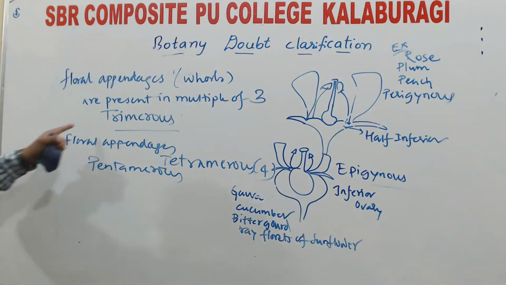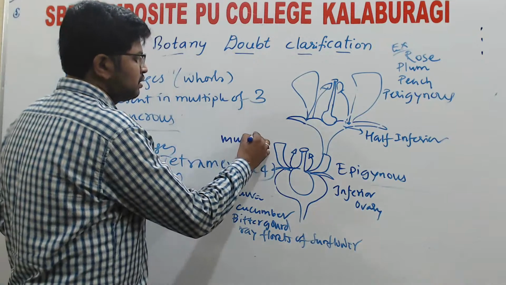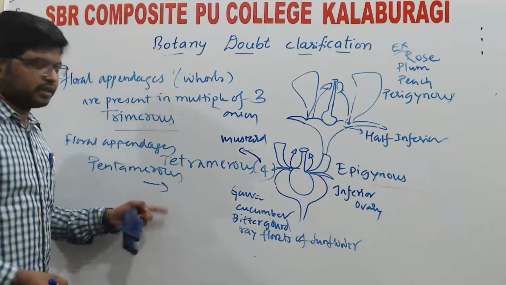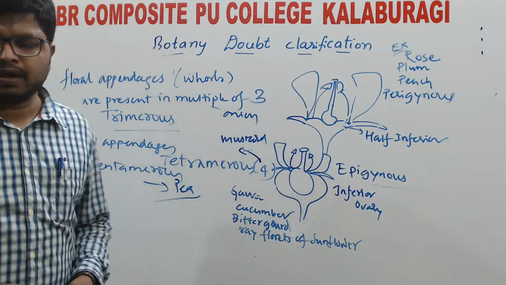And for tetramerous, you can consider the example of mustard. Okay, this is onion, and you can consider the example pea.